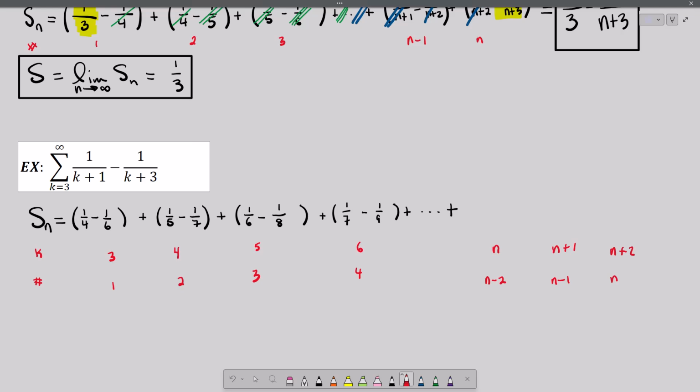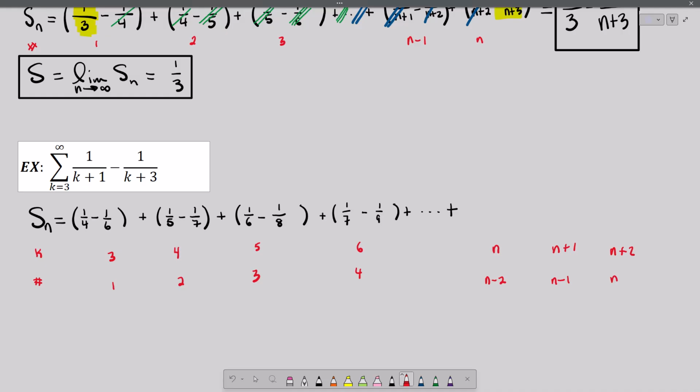So this is the hardest part, this sort of shifting thing. So if the first term is generated from k equals 3, the second term is generated from k equals 4, the third term is generated from k equals 5, our pattern here is that to calculate the k you're going to plug in, you just add 2 to the term number.